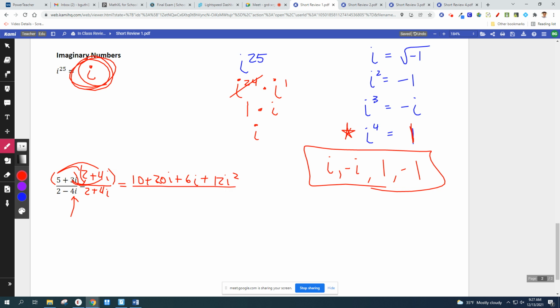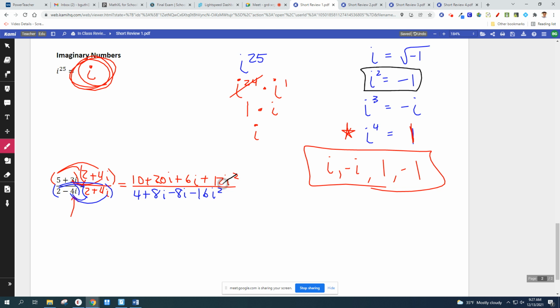On the bottom, we're going to do kind of the same thing. Distribute. 2 times 2 is 4. 2 times 4i is plus 8i. Negative 4i times 2 is minus 8i. Minus 4i times plus 4i is minus 16i squared. Now what you're supposed to do is remember that i squared is minus 1. Try to memorize that.